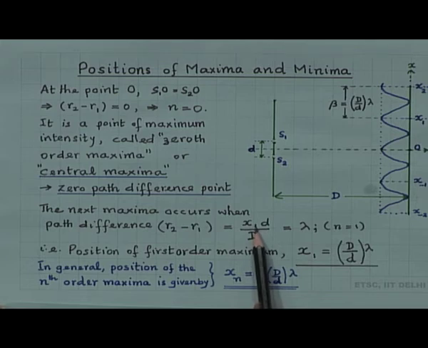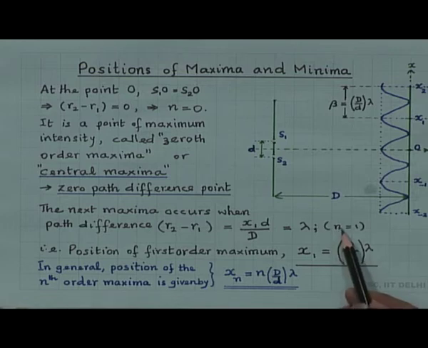The position of the first maxima is x 1 d by D is equal to lambda, or the position of the first order maxima x 1 is equal to D by d into lambda. Exactly in general for different values of n, x n, the position of the nth order maxima is given by x n is equal to n times D by d into lambda.